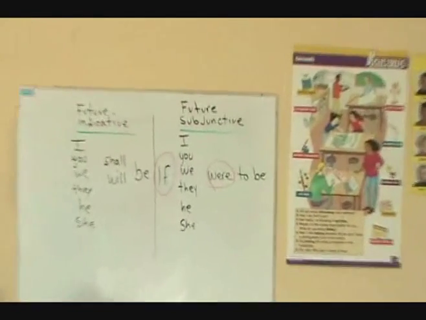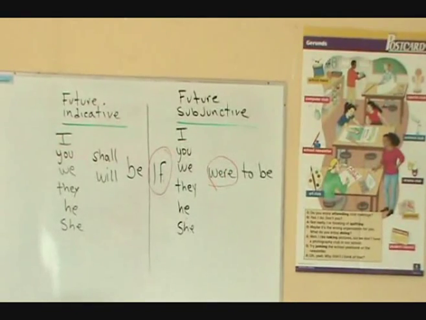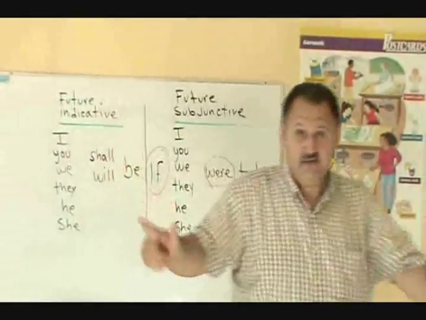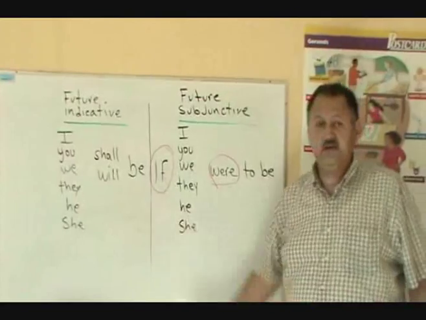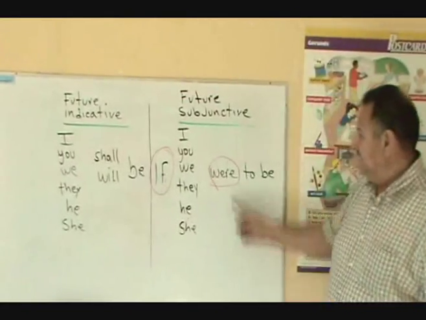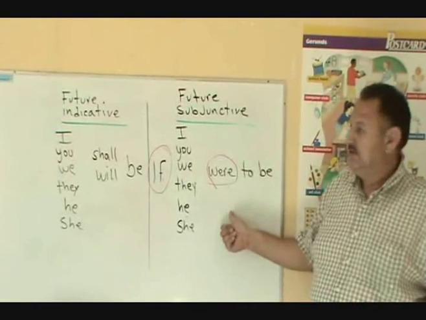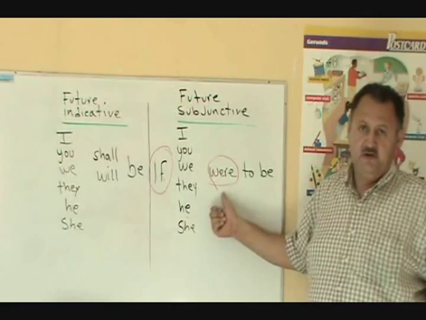Okay. So, students, as you can see, in the future we use the conditional if, and for all the pronouns we use were. If I were, you were, they were, if he were.